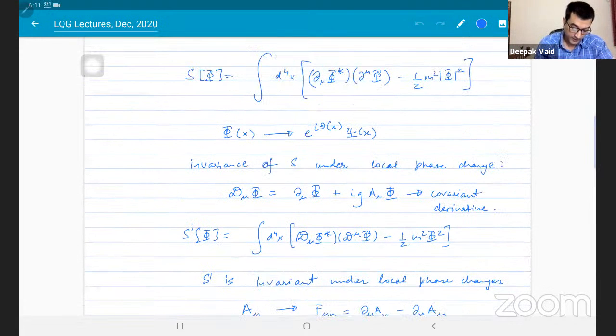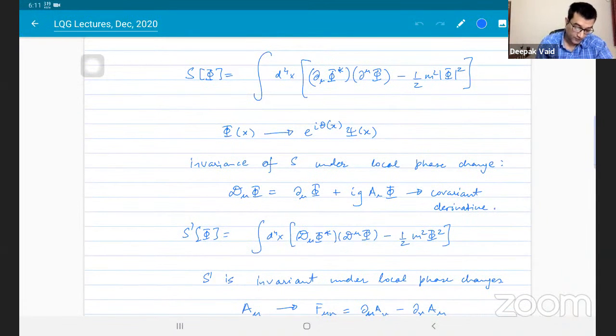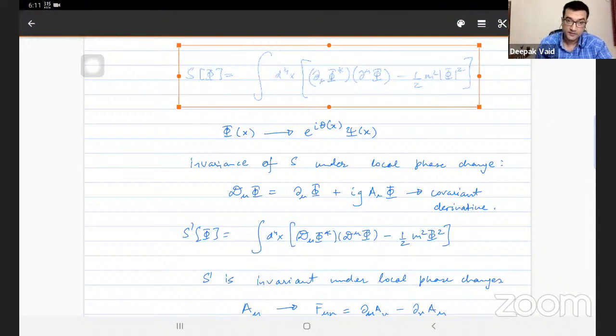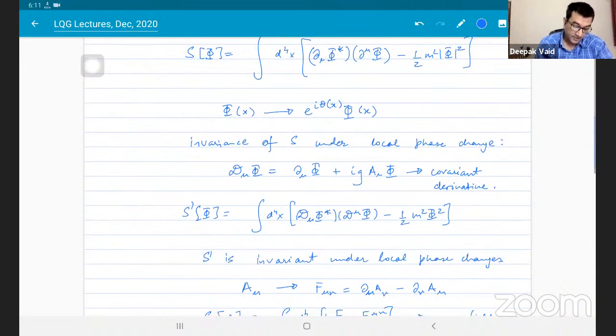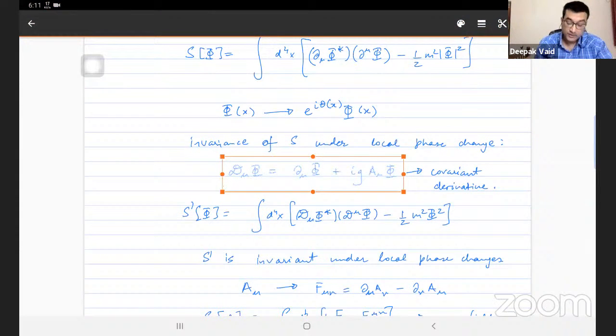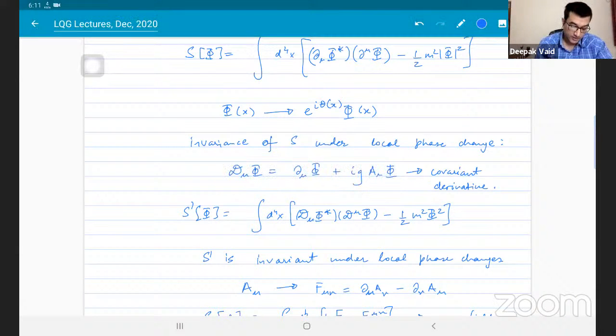And then I explained how, if you construct the action for a complex scalar and then impose the requirement that this action should be invariant under these local gauge transformations, that requires one to introduce a new notion of a derivative, which is the covariant derivative: the partial derivative plus this quantity A_mu acting on phi.